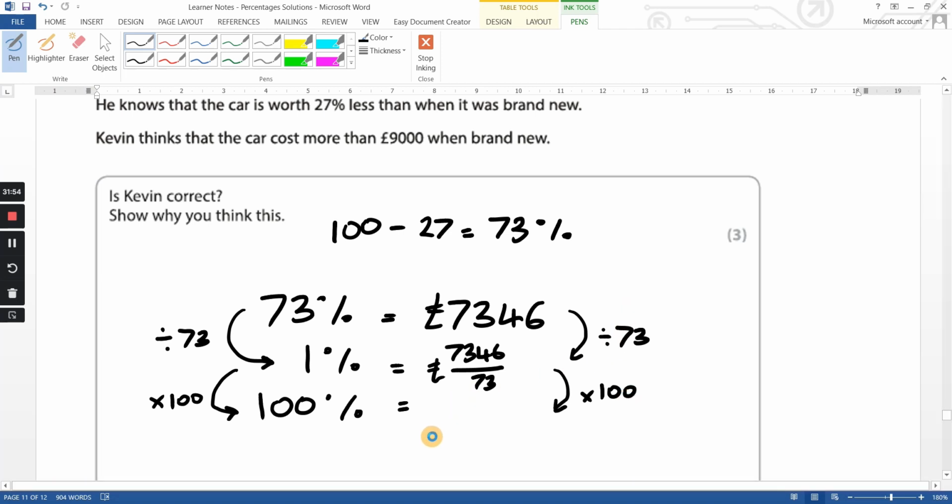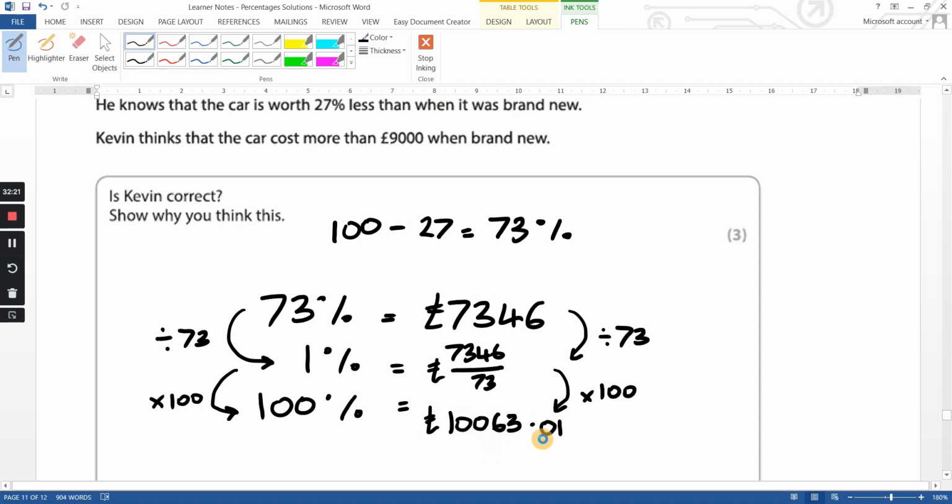And again, I get a bit of a weird answer. But now, if I write my answer as a decimal, I get 1006 3, and let's do it to the nearest pence. Technically 0.1.